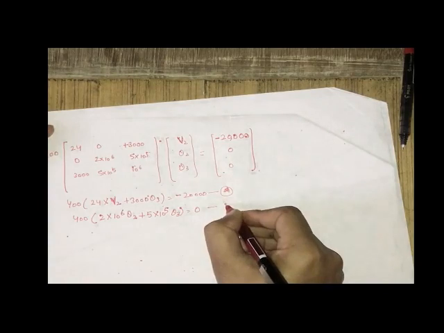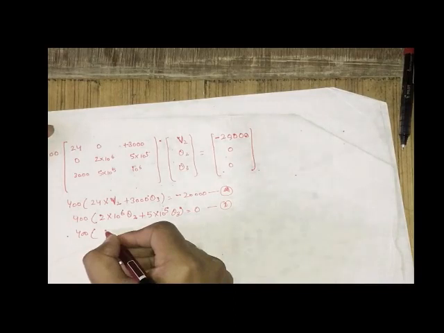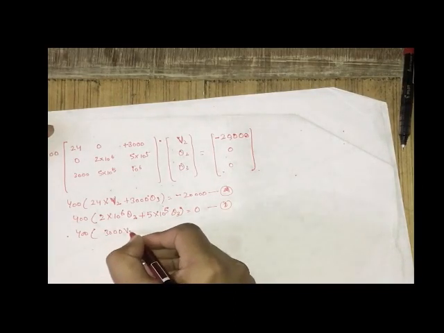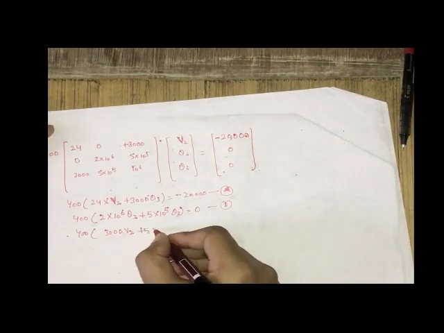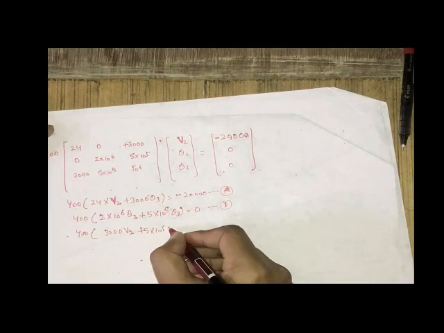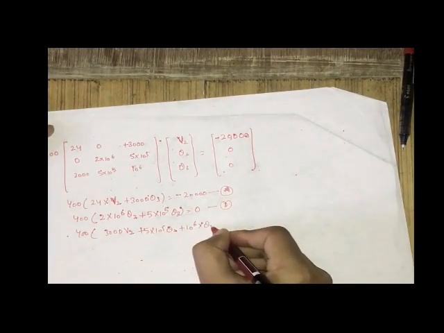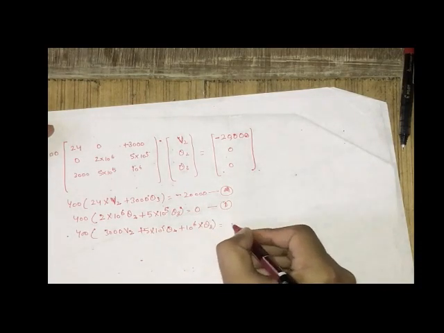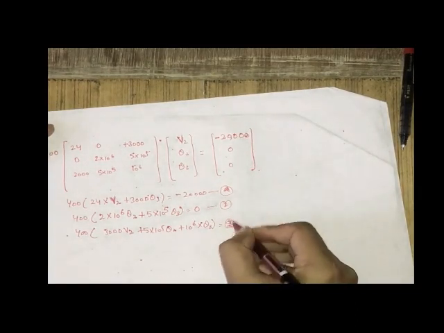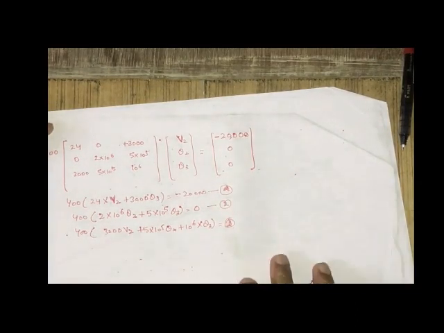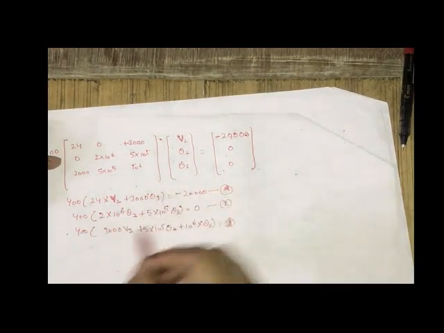This is equation 1. Again, 3000 into v2 plus 5 into 10 power 5 theta 2 plus 10 power 6 into theta 3, and this is equation 3. So by using our mathematical knowledge we calculate these three equations.